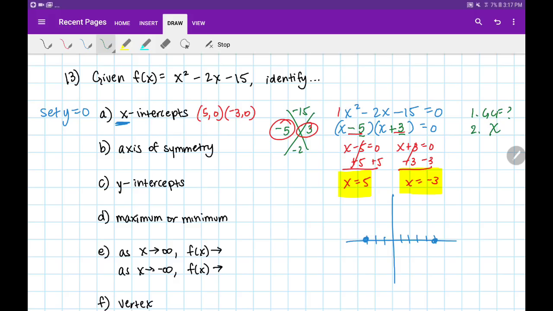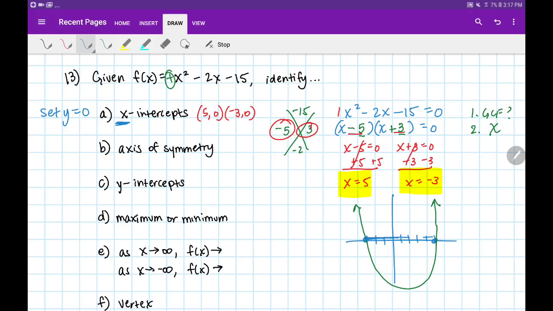And this is a parabola that's opening up or opening down. Look out in the front. There's nothing there, so it's positive. That means this is opening up. Now, I don't know exactly where my axis of symmetry is, but if I count, I can figure it out. It has to be exactly halfway between these points, right?